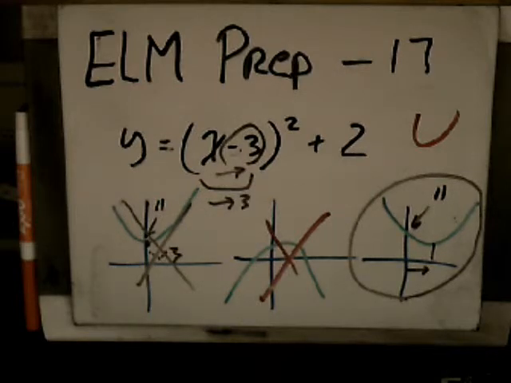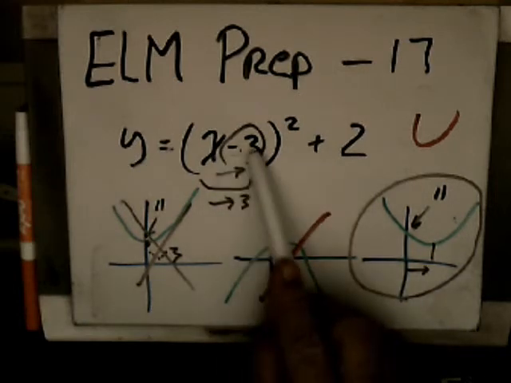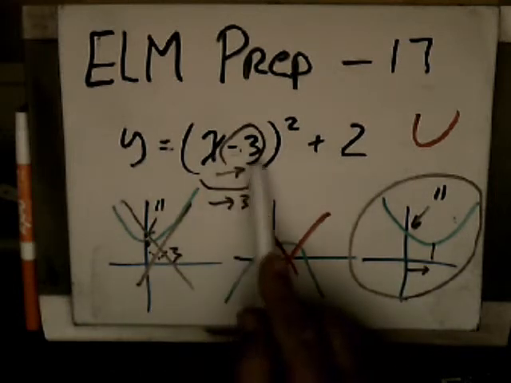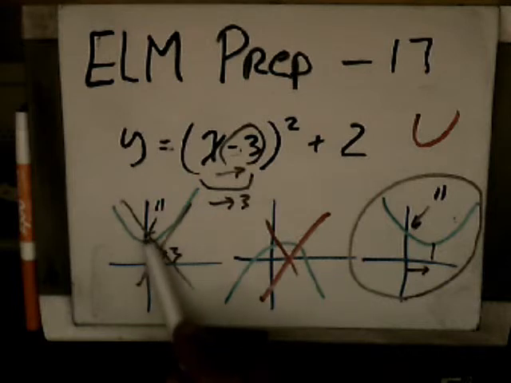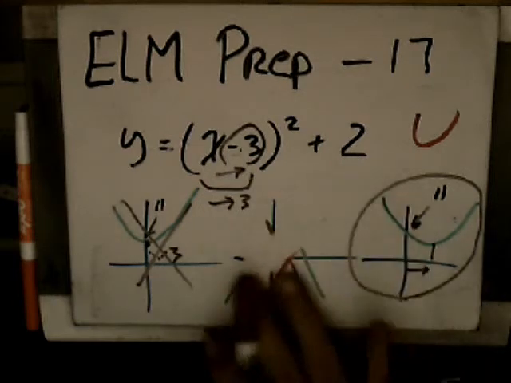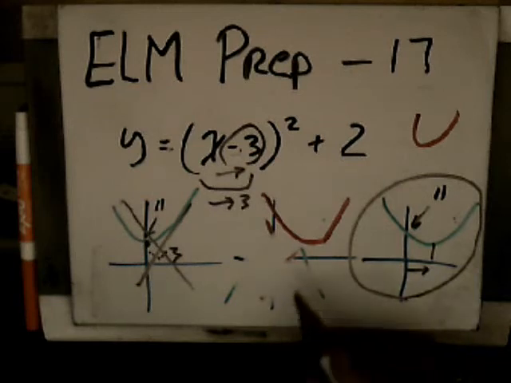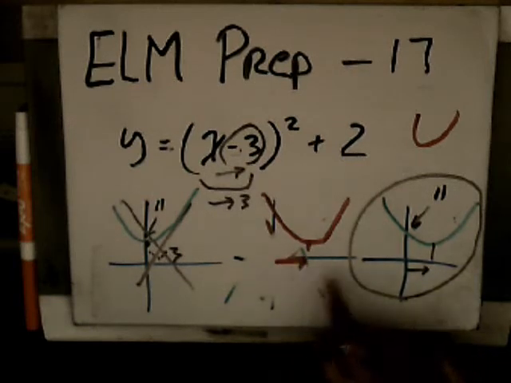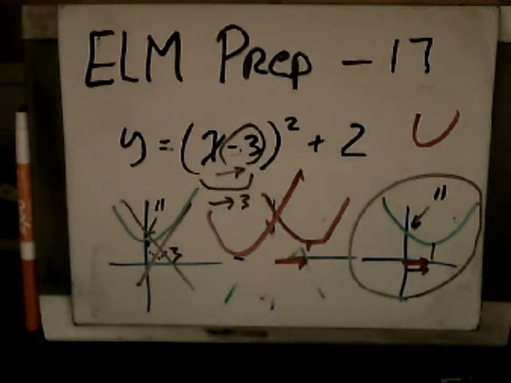This is a little trickier problem, but if you look at the shift, lots of times just knowing the shift and that it's positive will get you the right answer. If not, you can look at a little closer detail. And if I had 2 of them that were very similar to this, maybe one of my other graphs came down like this, and I then might have to look to see which vertex was actually shifted over 3, or I might even have something that was shifted like that.